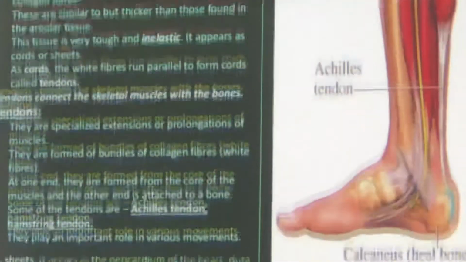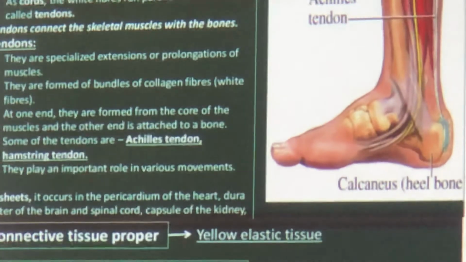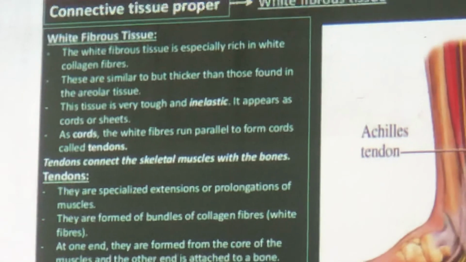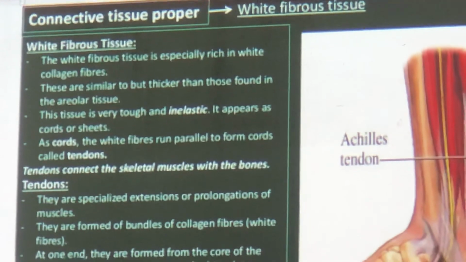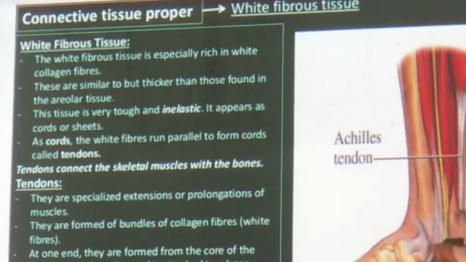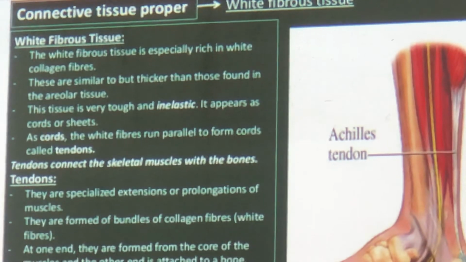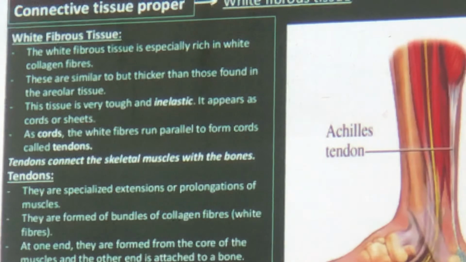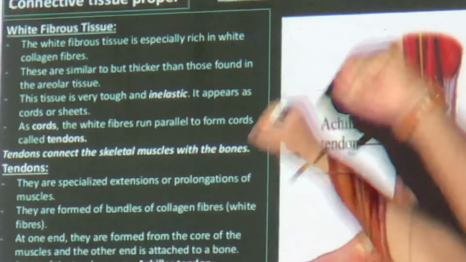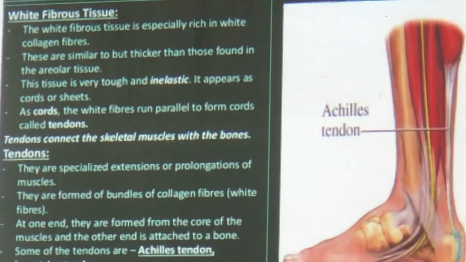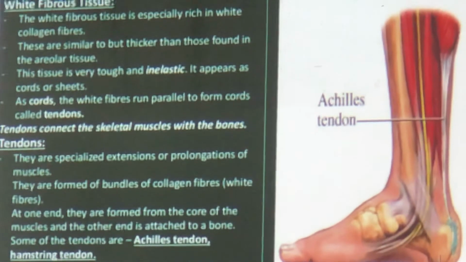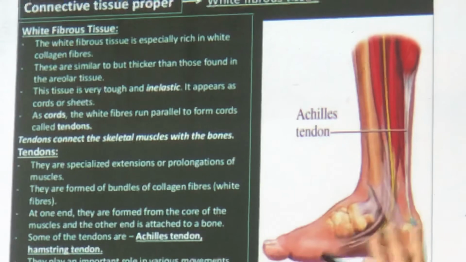Next. White fibrous tissue is present as tendons, and we will see later the yellow as ligaments. Tendons, you know, join your bones to the muscles. Now suppose I take 200 kilos and I am lifting. The muscle is pulling the bone, and the tape between the muscle and the bone is gone forever.